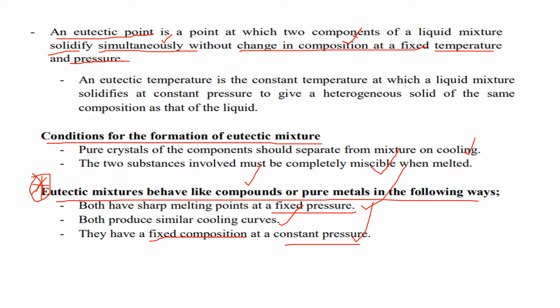They only have a fixed composition if pressure is constant or fixed. They only have sharp melting points if pressure is fixed. And then they produce similar cooling curves. So pay attention to that. Let's proceed.